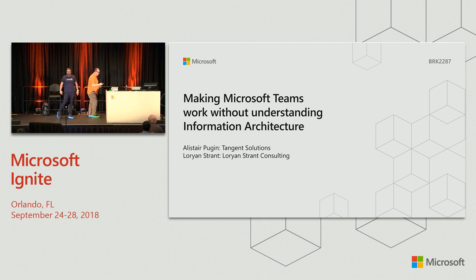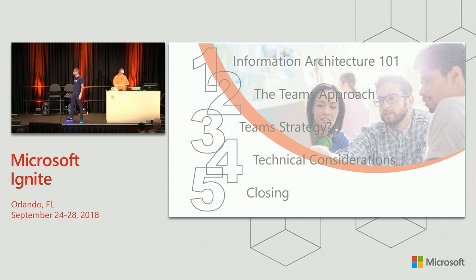All right. So just the flow today, we're going to talk about, for those who didn't put their hands up, what is information architecture, traditional information architecture, versus what other people think information architecture is. Knowledge management practitioners' information architecture is different to what normal people think it is. Then we're going to talk about the Teams approach.